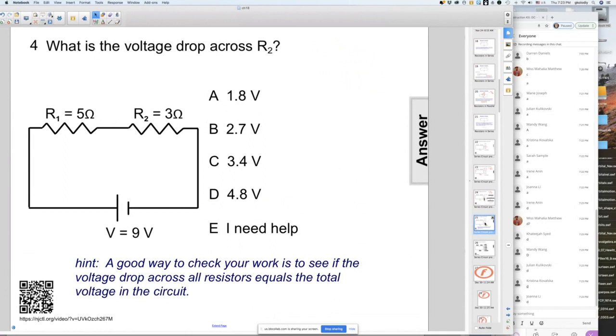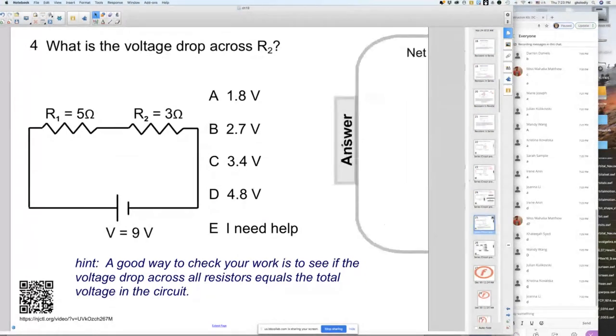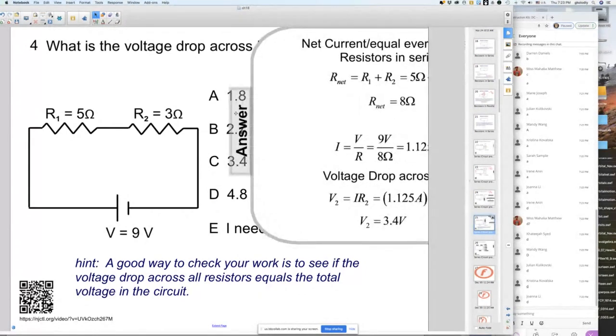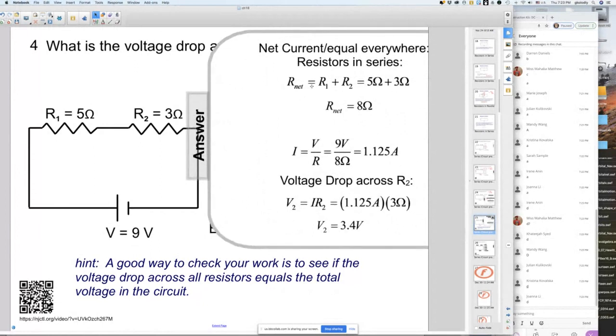Well, how about R2? You're going to do the same thing, using what we already found, the net resistance and total current, the same current, but now we use 3 here. V equals I times R2, that's 3.4 volts.